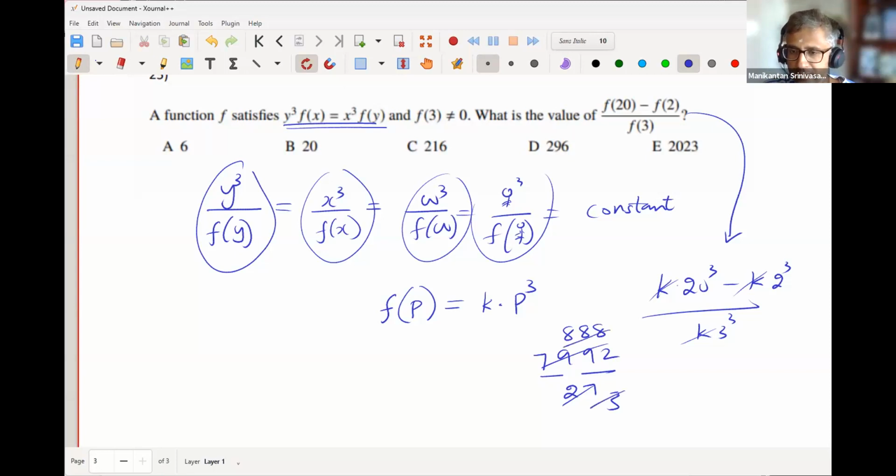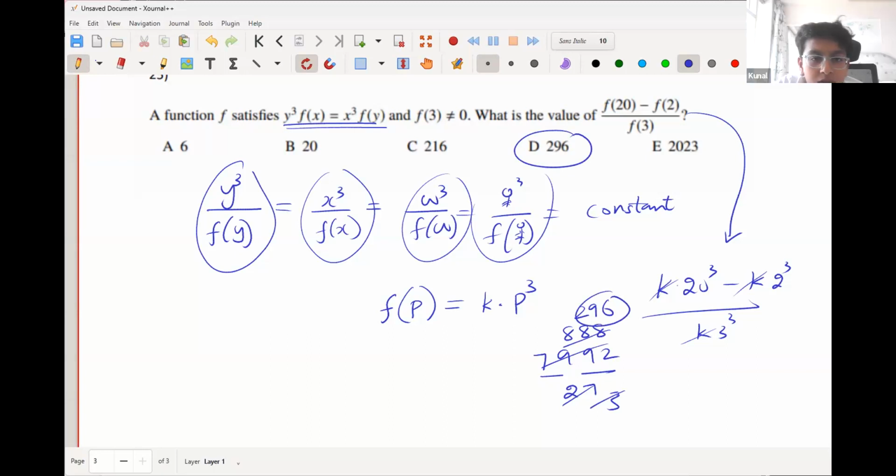Again, it divides. 3 2s are 6. 3 9s are 27. 296. Yeah. Fairly easy question only, if you realize that essentially it's saying x cubed by f of x is a constant.